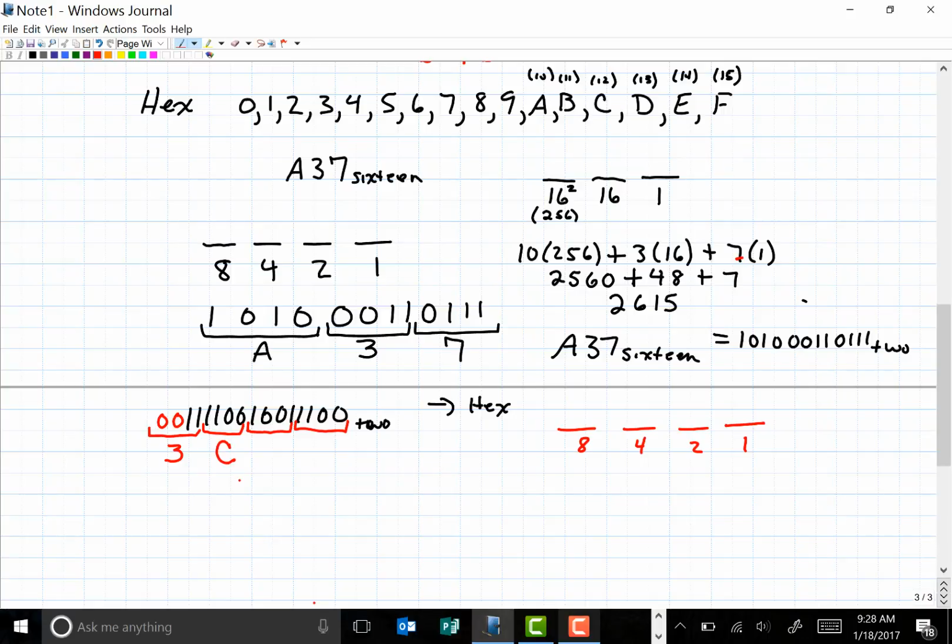All right, then we have a 1, 0, 0, 1. So a 1 here and a 1 here is a 9. And then finally we have a 1, 1, 0, 0 again. So 8 and 4 is 12, and 12 we use the symbol C. So that means that this number in base 2 is equal to 3C9C in base 16.